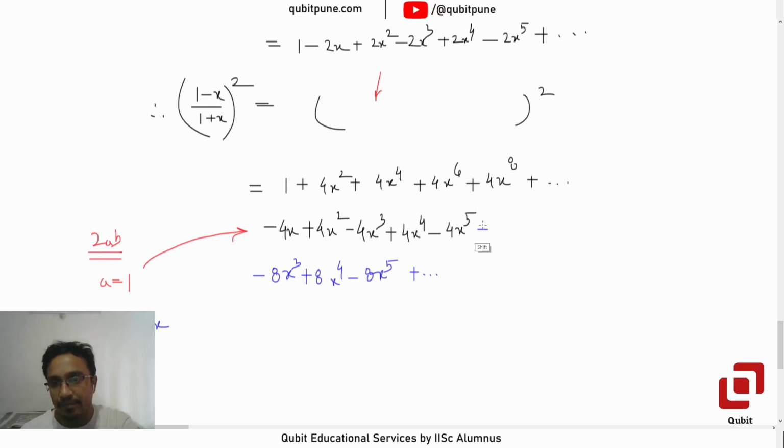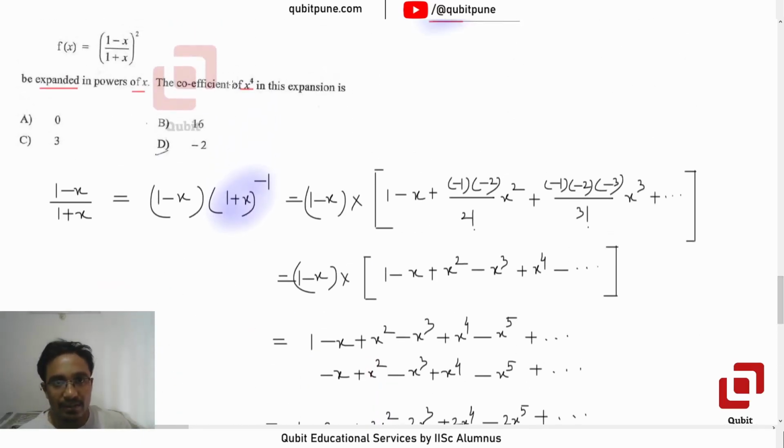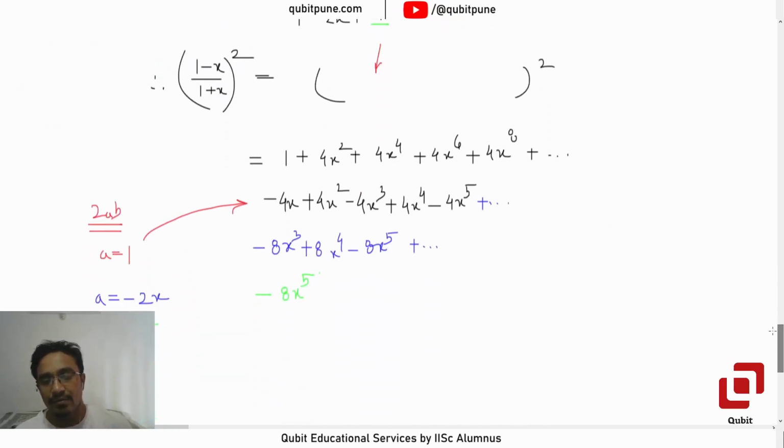Now if we go for a equal to 2x squared, the very first term there would be minus 8x raised to 5, which means the least power of x that we have got exceeds the power of x that we want. We want x raised to 4, and the rest will all have powers greater than or equal to 5. So how many x raised to 4 terms are there?